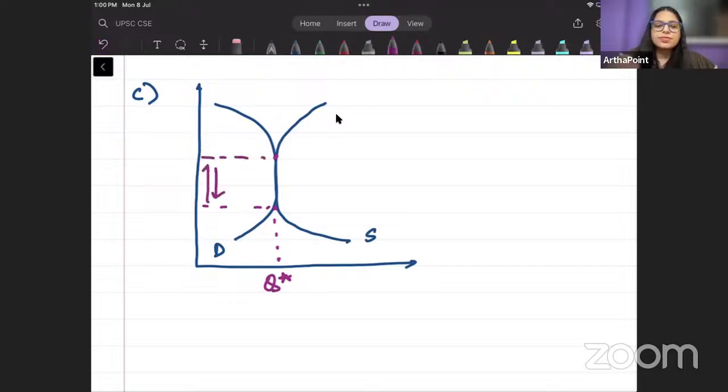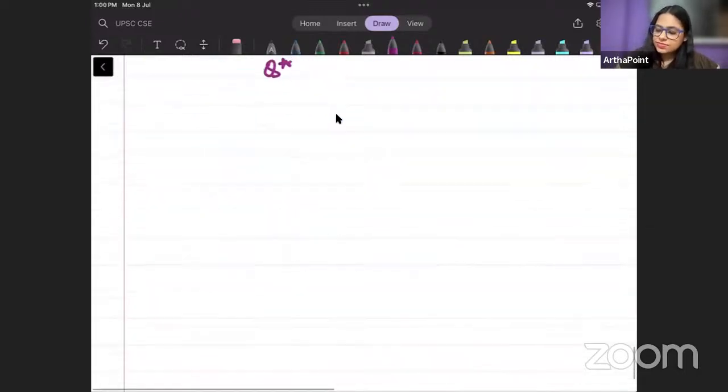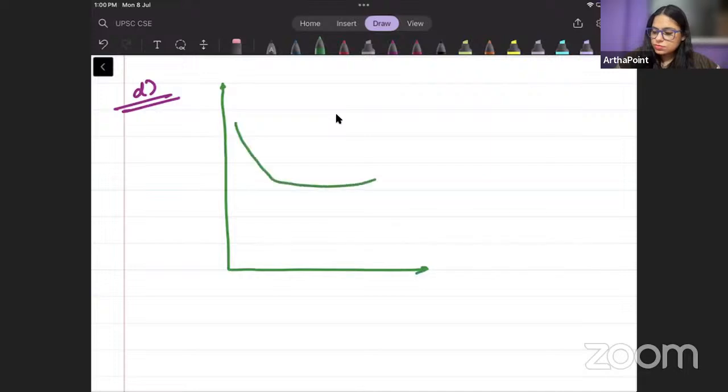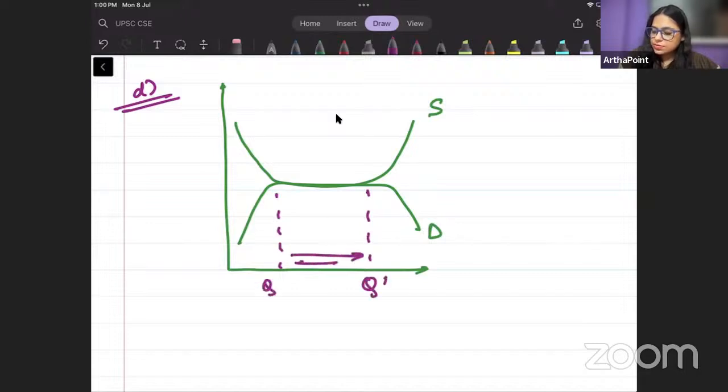Multiple prices. And last case. Something like this. Demand and supply. There are multiple quantities associated with them with a single price. So there can be cases where you can end up having multiple equilibriums.